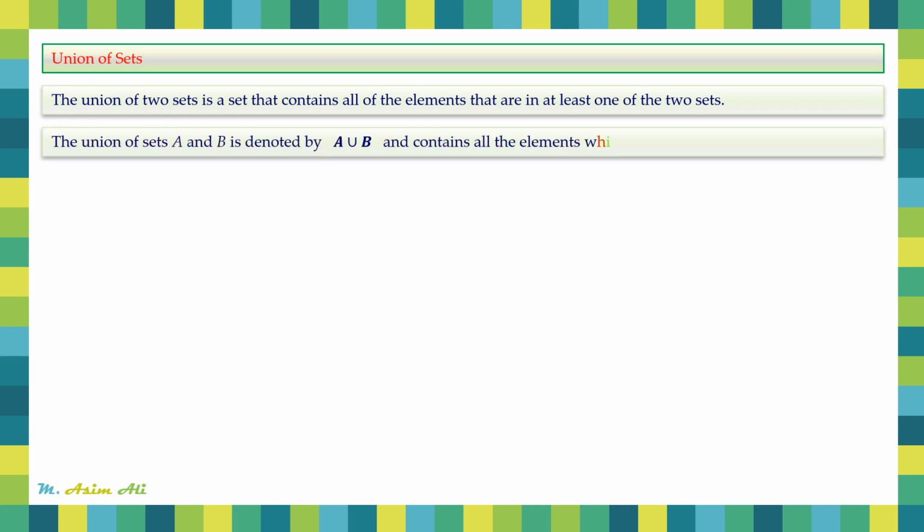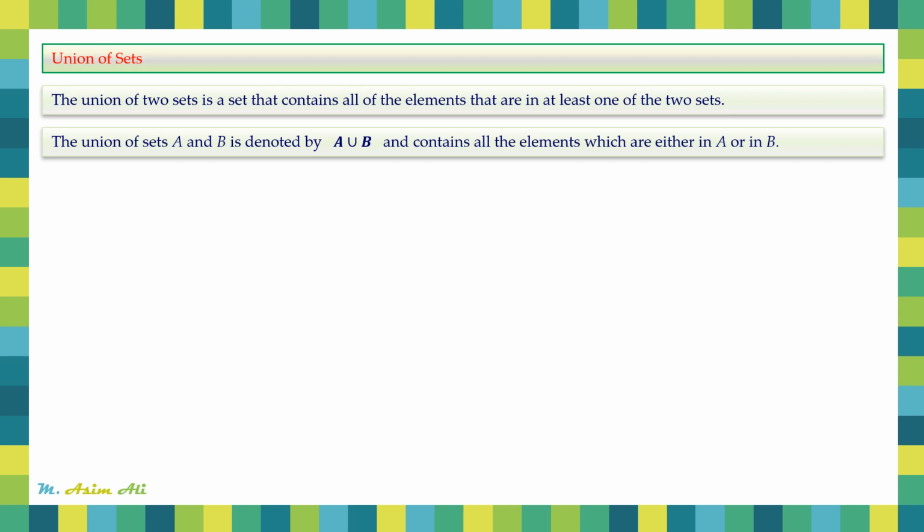It is denoted by A∪B. It's a U kind of symbol, which denotes the union of A and B, which contains all the elements which are in either A or in B. Any element in A or B, these don't have to be the common elements.